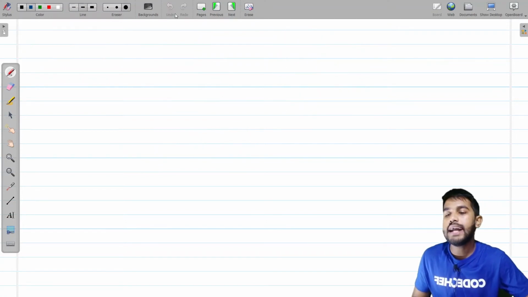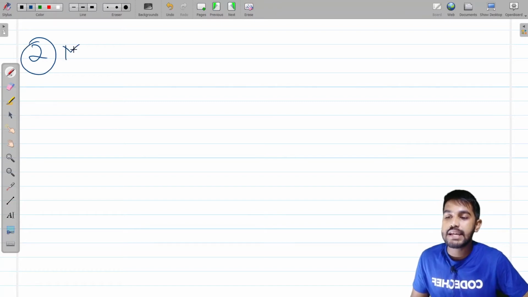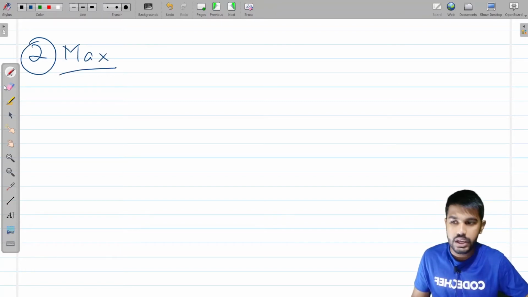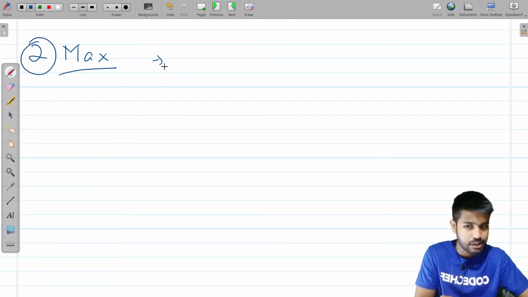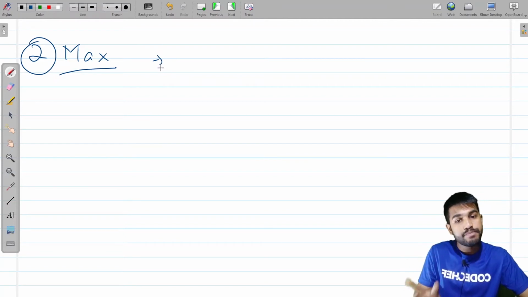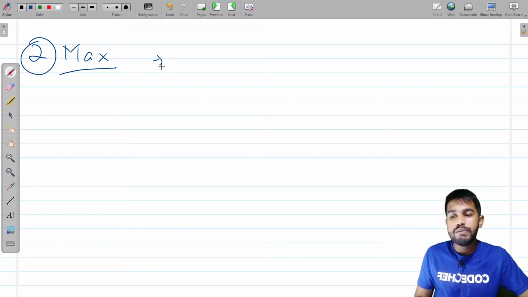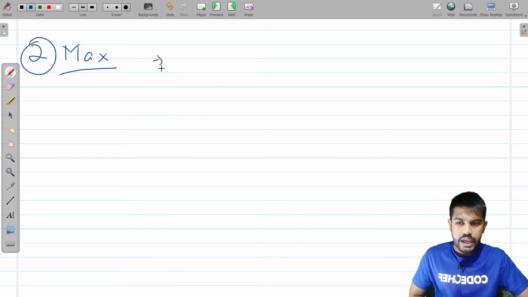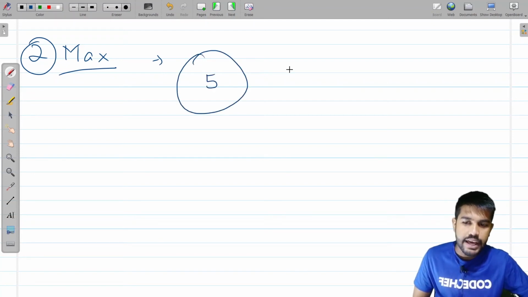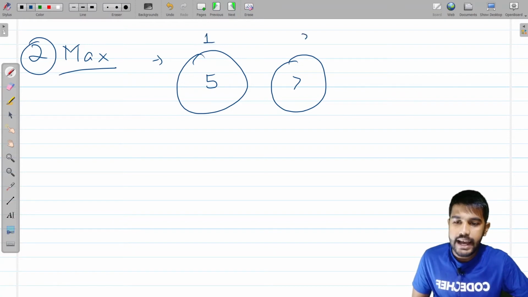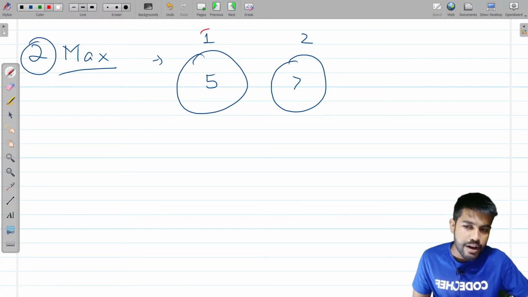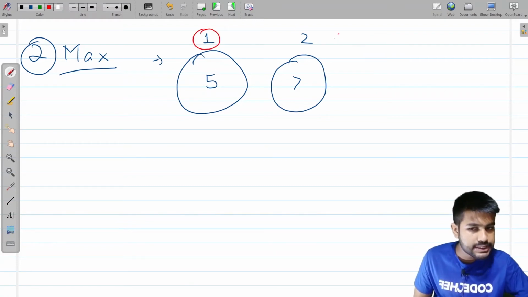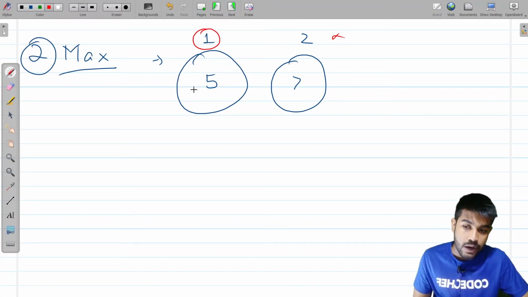Now the second case, the maximum one. We know the condition that both of them won't sleep at the same time. Either A or B would sleep, or both of them would remain awake. Now we would consider the first case. It might be the case that guard 1 counted 5 and guard 2 counted 7. It might be that for half the day guard 1 was awake and guard 2 was sleeping, and that's why he counted that the chef entered 5 times.